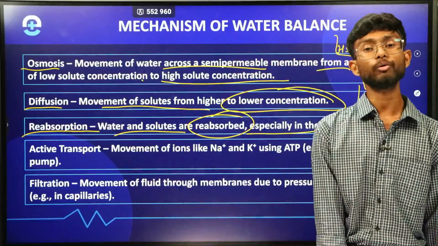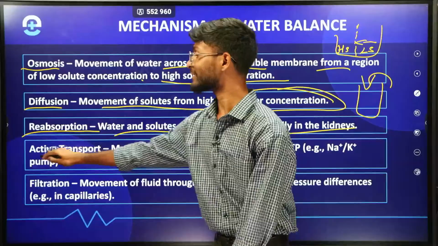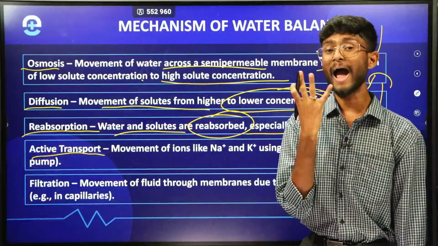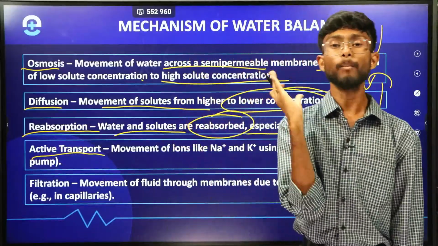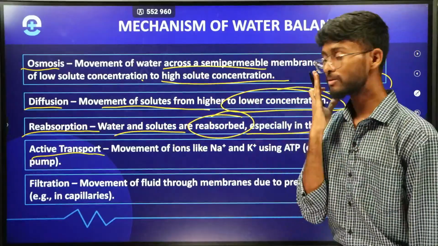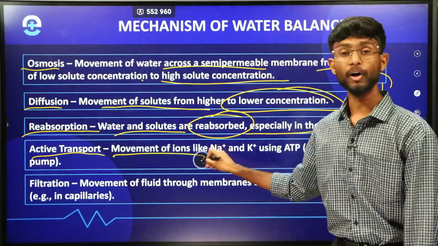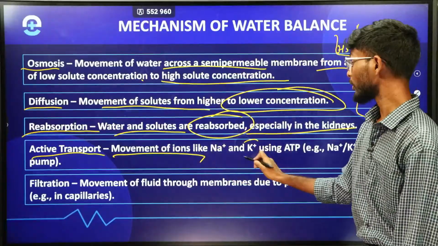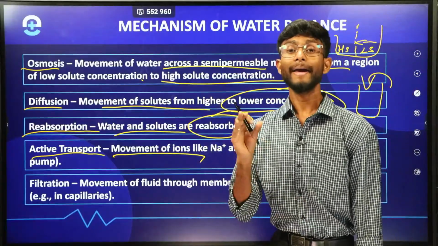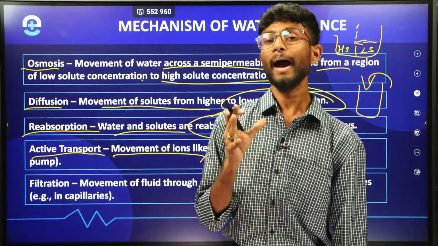Next, active transport. Here, active means actively transporting the molecules from one place to another place. That is the movement of ions like sodium and potassium using ATP. ATP means energy.